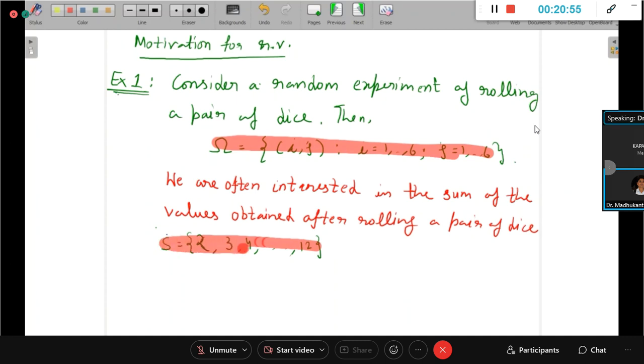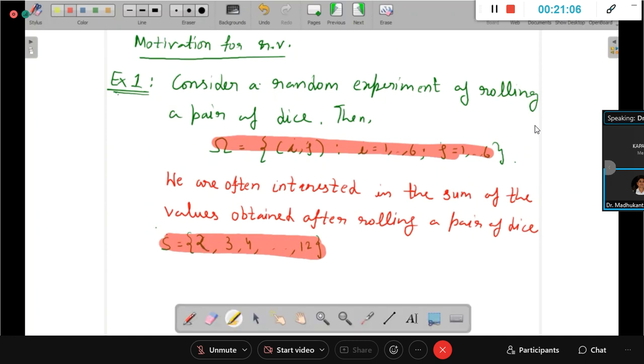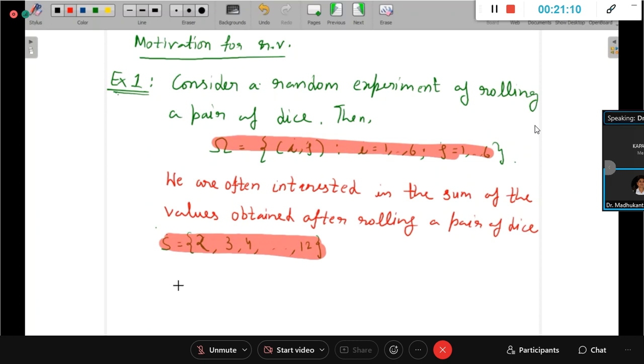Now we are not interested in this sample space, rather we are interested in the sum. Or you can also have the difference, that is also possible. I can say this is S1 and this is S2.